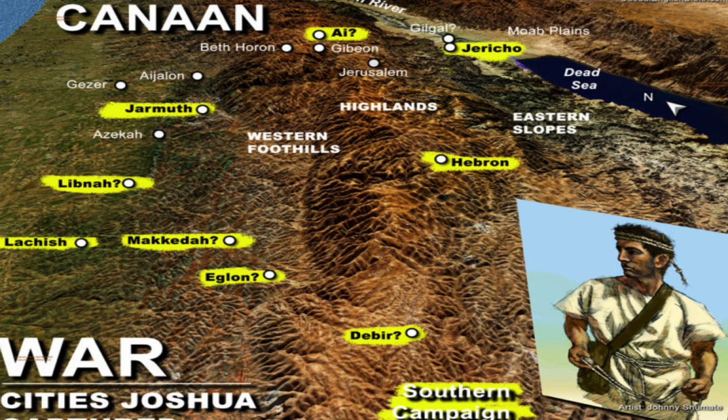The ones in yellow are the ones we have mention of: Jericho, Ai, Jarmuth, Libnah, Lachish, Makkedah, Eglon, Debir, and Hebron. Those cities. Question marks are there because we're not sure of the exact location of some of those cities.